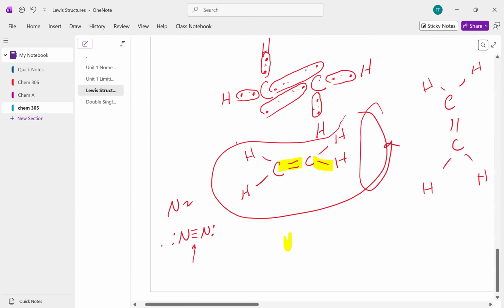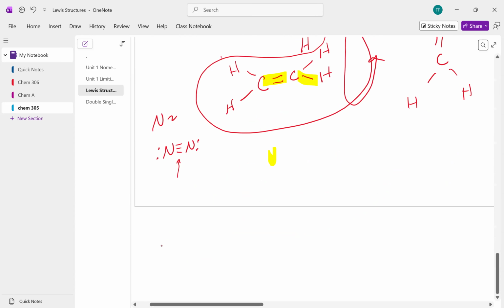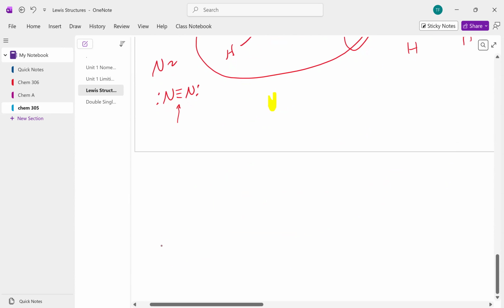So let's look at oxygen. Let's do carbon dioxide. Which has the most singletons, carbon or oxygen? Carbon. So that goes in the middle.